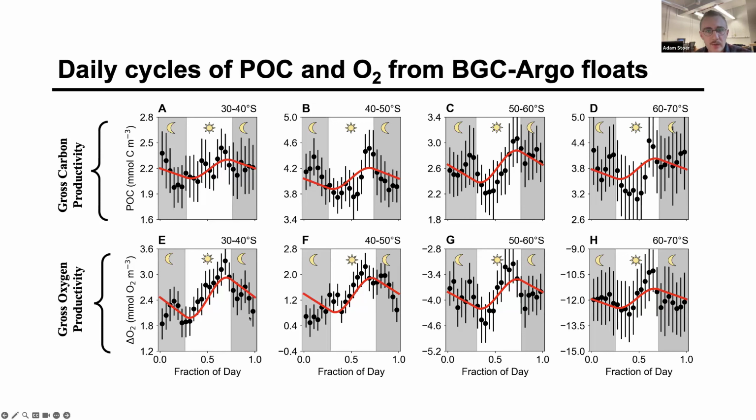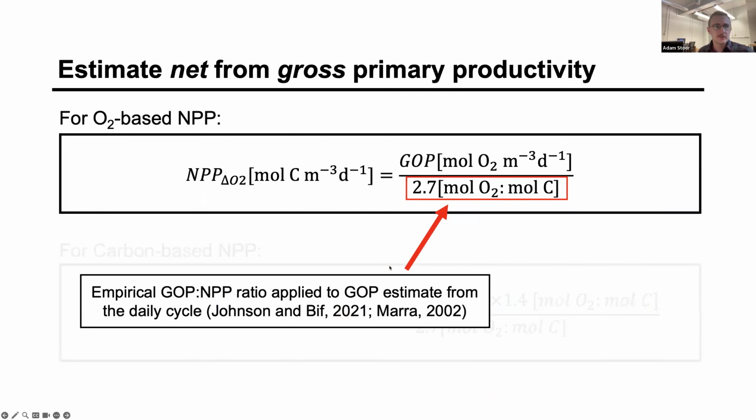So the bottom row there is what Johnson and Bif did, and at the top row we're doing a similar thing with particle backscatter. With Johnson and Bif's method, they get the gross oxygen production from those daily cycles of oxygen, and they divide that by that empirical ratio of 2.7 from Marra, and that gives them an estimate of net primary production. So we followed really similar steps.